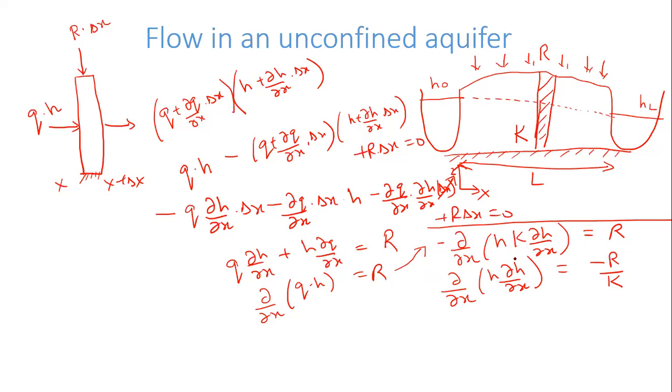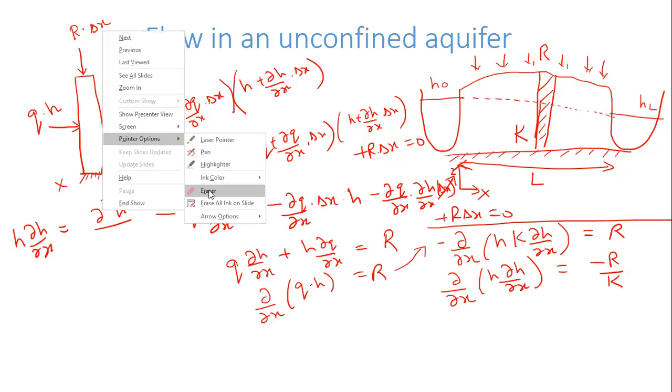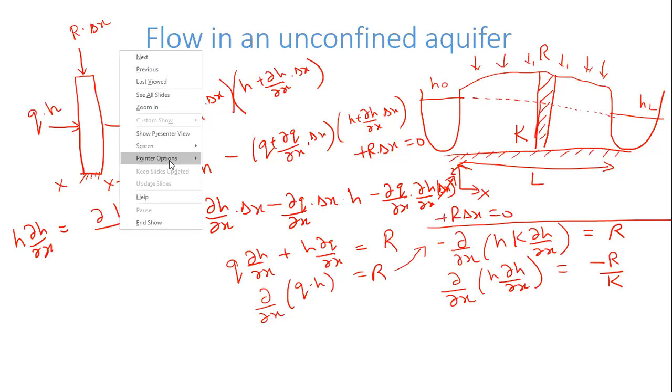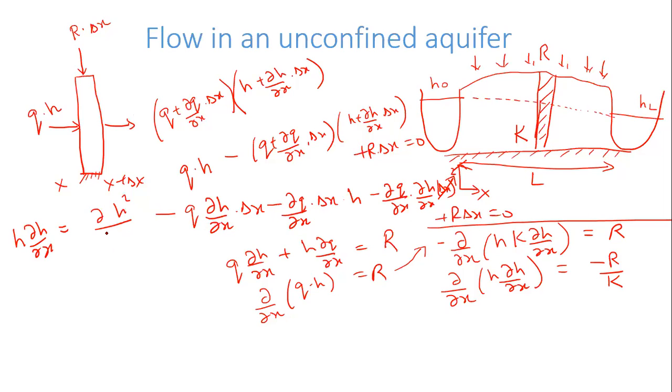Now I'm going to write this term as h ∂h/∂x, which is equal to ∂ of h square, sorry, not ∂ square. Does everybody agree with this?